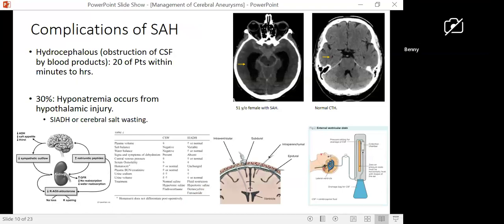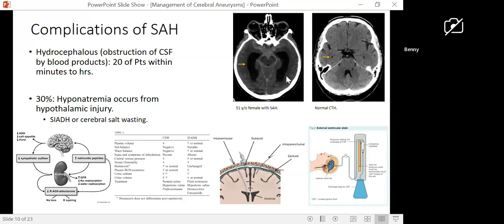The complications of a subarachnoid hemorrhage: one of the first things that people can develop is hydrocephalus, which is obstruction of the cerebrospinal fluid reabsorption. If you look here, this is a normal CAT scan. You see the ventricles are very small, these little slit-like spaces here and here. If you have blood products clogging up your ability to reabsorb your cerebrospinal fluid, these tiny ventricles will expand greatly to this size.